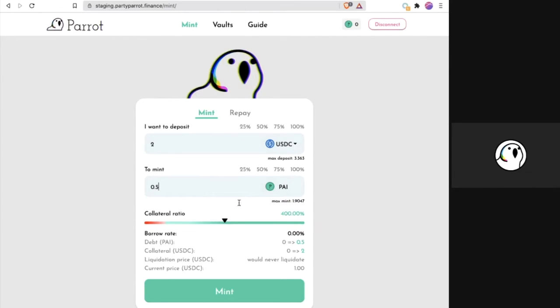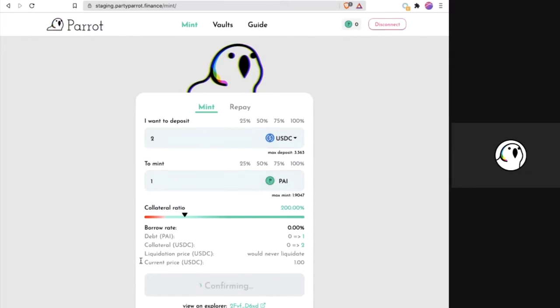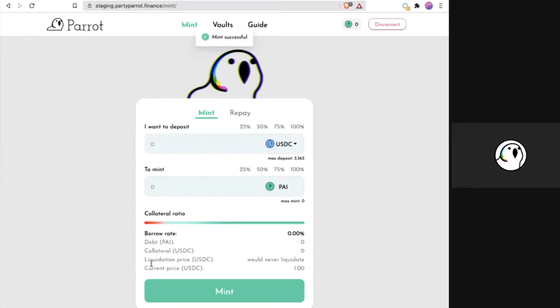It shows you the collateral ratio depending on how much you deposit and how much you want to mint. We're just going to keep the collateral ratio at 200%. Then you can click mint, approve, and that's it.